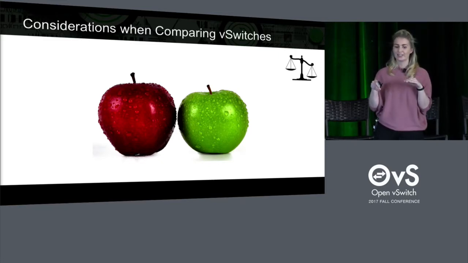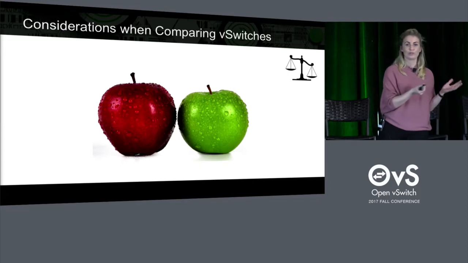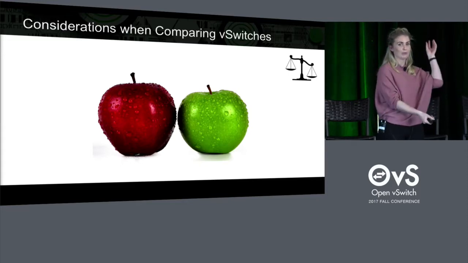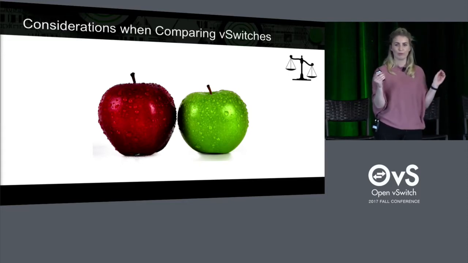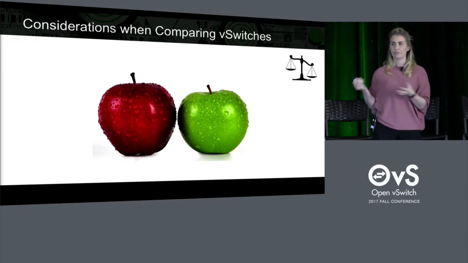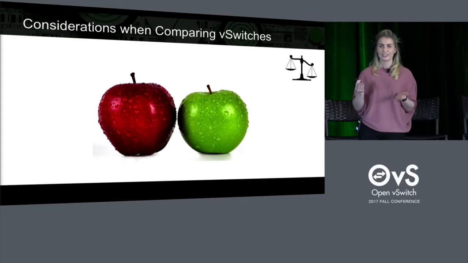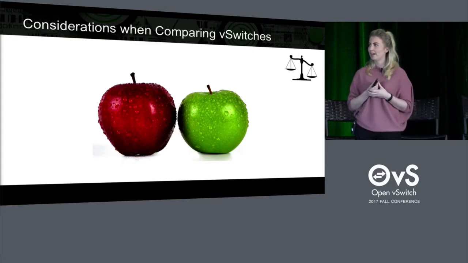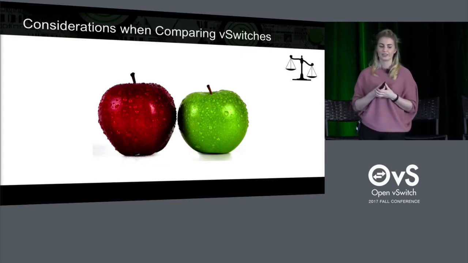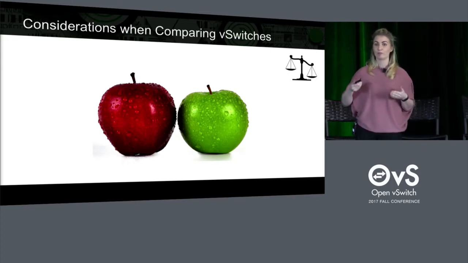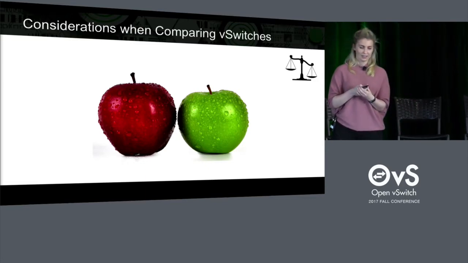And when you look into the details, you'll find out that one vSwitch might be doing pretty much just a patch and not doing any matching, and it'll have great performance. And the other vSwitch might be doing matching on L2 and L3 and everything. So the results aren't really reflective of real world use cases. That's just something to keep in mind when you are performing comparisons with VSPERF or with any other tools.